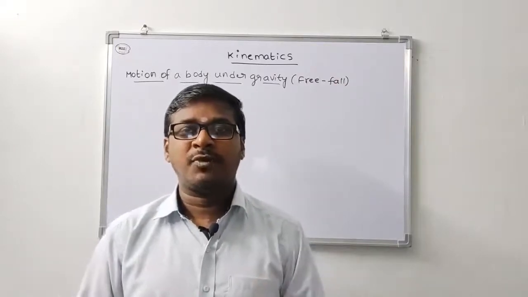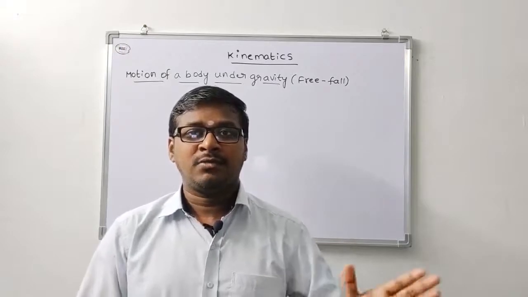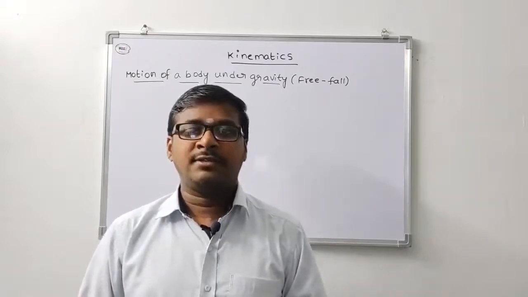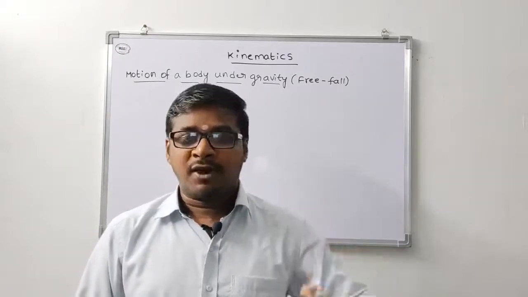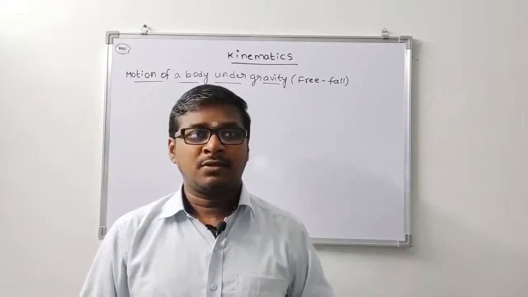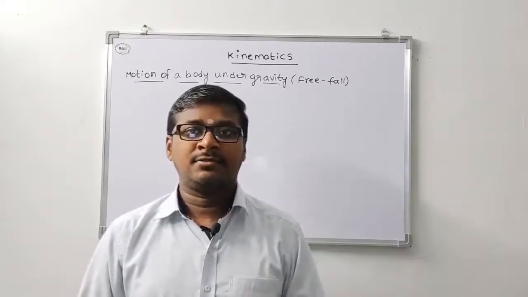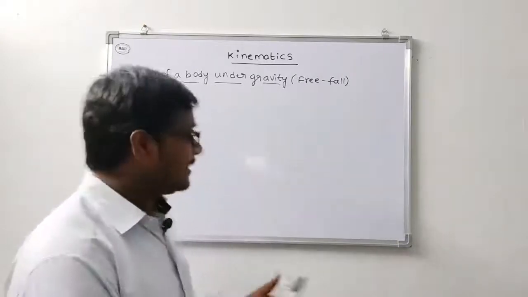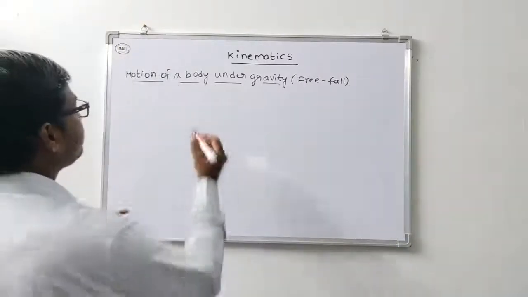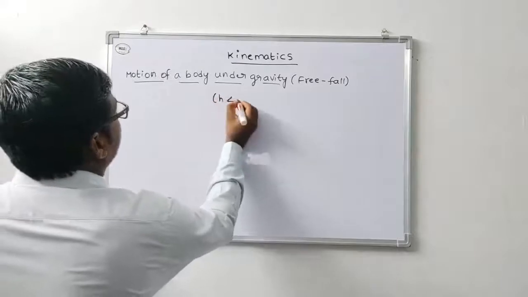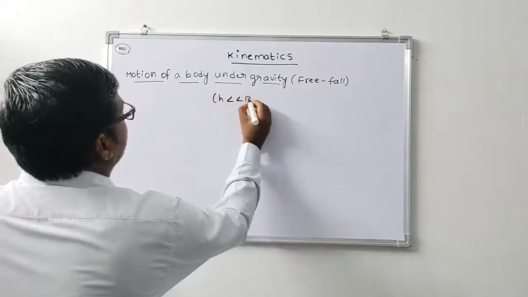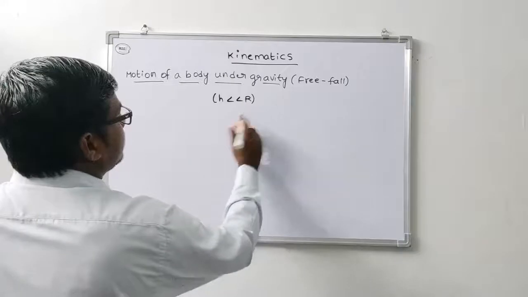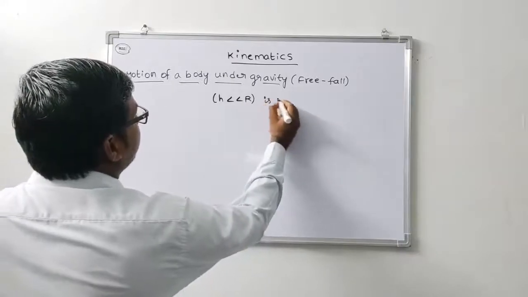The motion of a body falling towards the earth from some altitude h, where h is small, is called free fall.